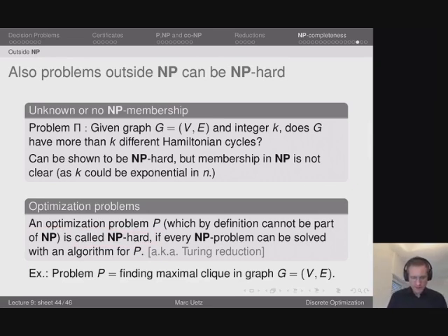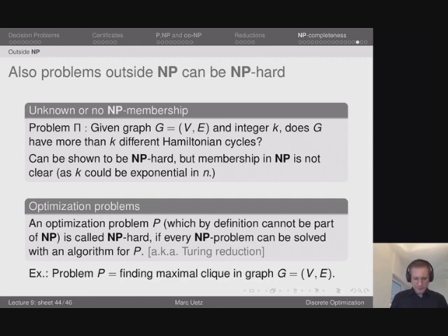We can say that an optimization problem is called NP hard if a polynomial time algorithm to solve that problem would yield that P is equal to NP, or would yield that every NP problem can be solved in polynomial time. So also optimization problems can be at least as hard as any other problem in NP.